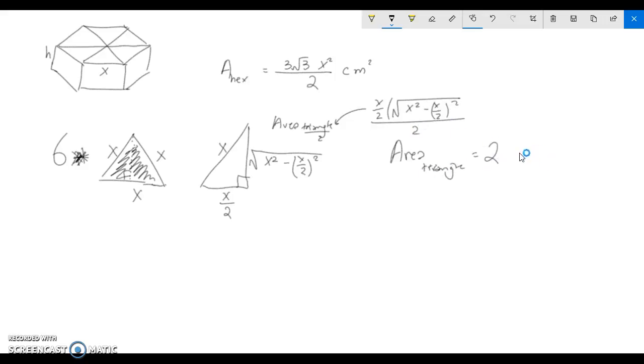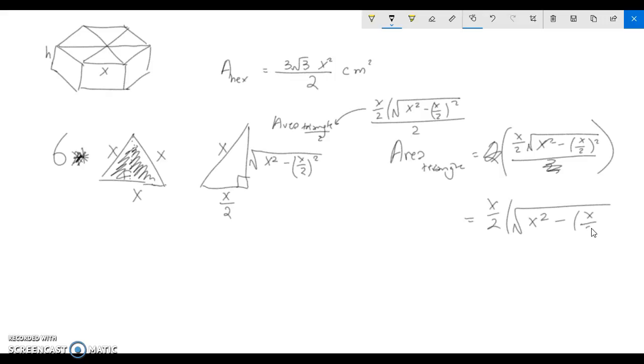The area of 2 of those would be just 2 times the area of that half triangle. So the area of the full triangle equals, the 2's cancel out, x over 2 times the root of x squared minus x over 2 squared.